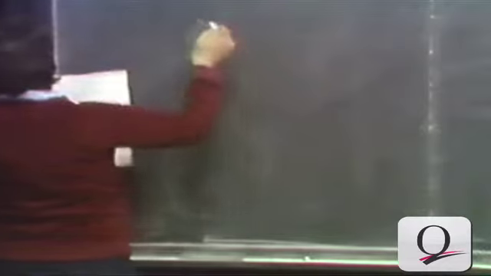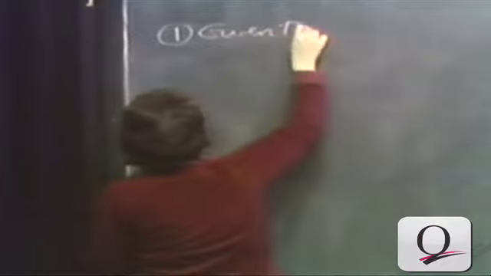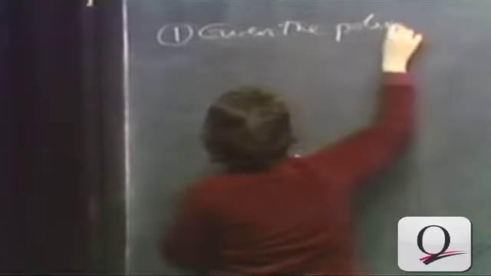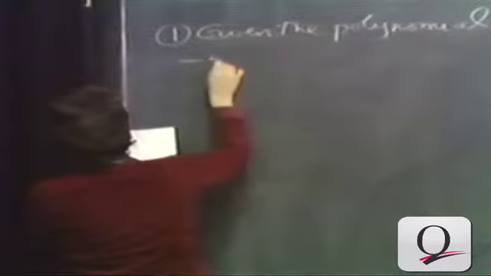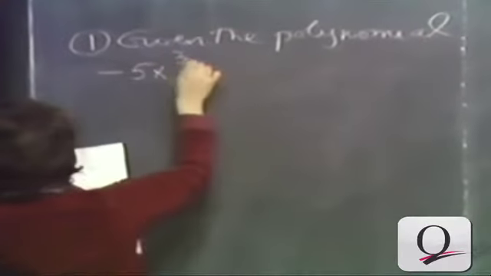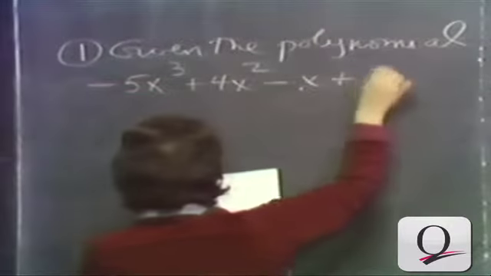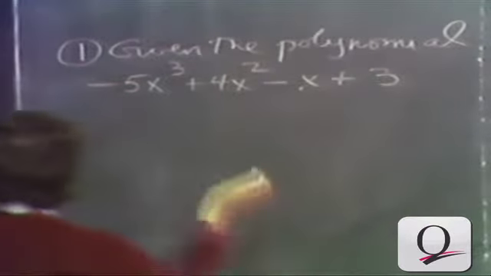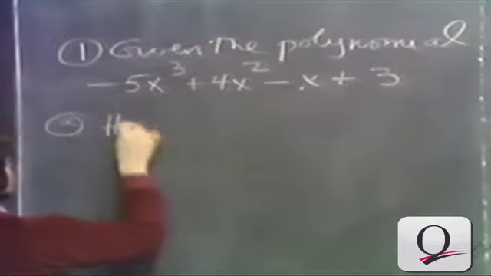Okay, let's start with the idea of a polynomial. And in the first problem, given the polynomial minus 5x cubed plus 4x squared minus x plus 3, I want you to answer a few questions. First question, how many terms are there?